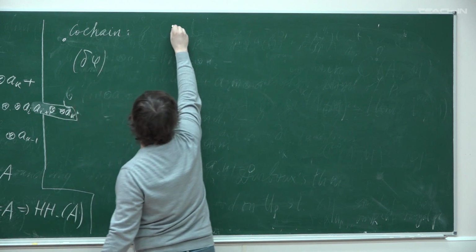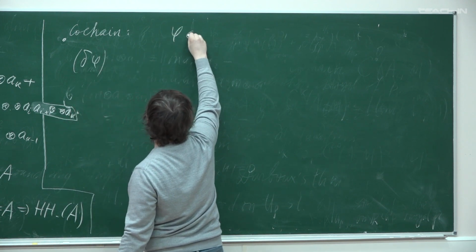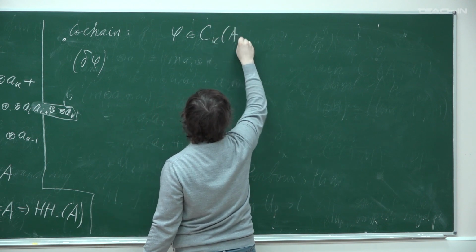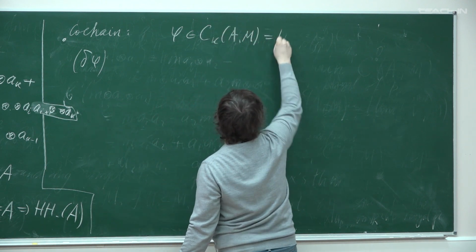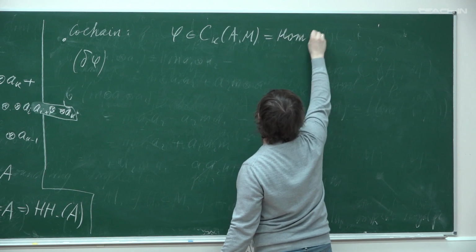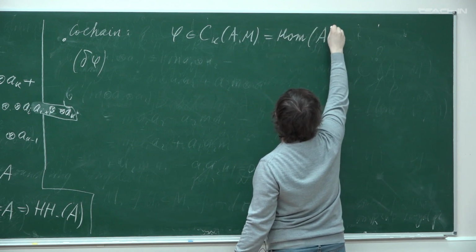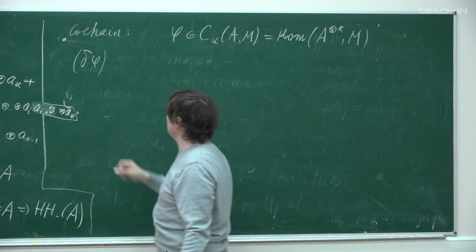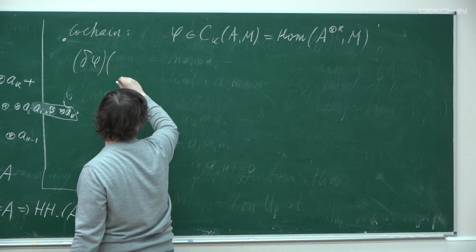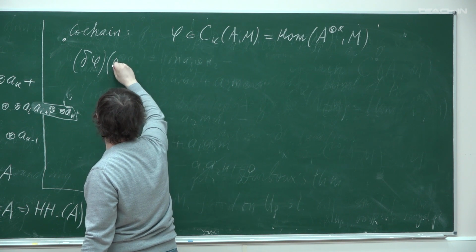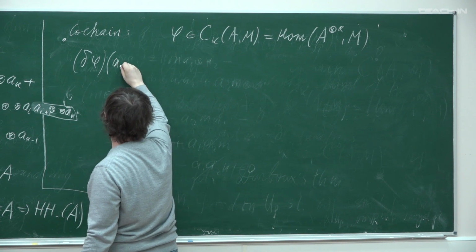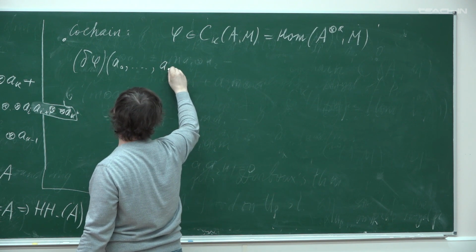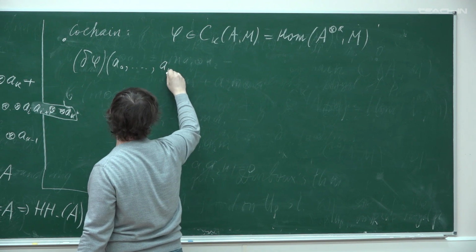Let phi be an element in C^k(A, M), which is the space of all homomorphisms from A tensor k to M. So delta of phi will be a homomorphism from k plus 1 copies of A. And as you see, I just omit the tensor product sign.